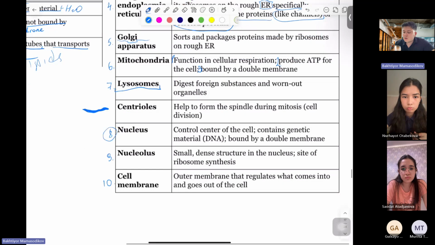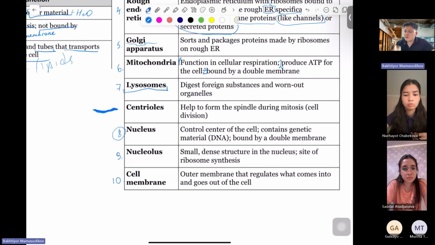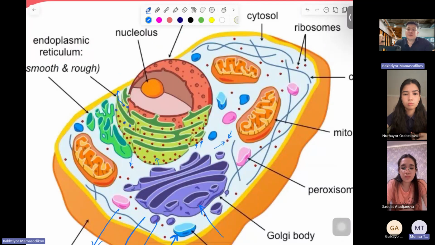So we have the nucleus. What's the function of the nucleus? Who knows? It contains chromosomes and DNA. Yes, it contains the genetic information, the chromosomes. The main function of the nucleus is to contain our genetic code, which is called DNA.